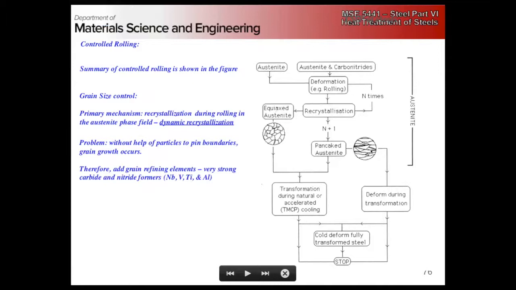If we don't fully recrystallize, we have pancaked austenite, and we'll talk about why we would want one or the other in a little bit. But we need secondary phase particles to pin the boundaries so that we can slow the grain growth down. So we're going to add our grain refining elements, carbide and nitride formers: niobium, vanadium, titanium, and aluminum.